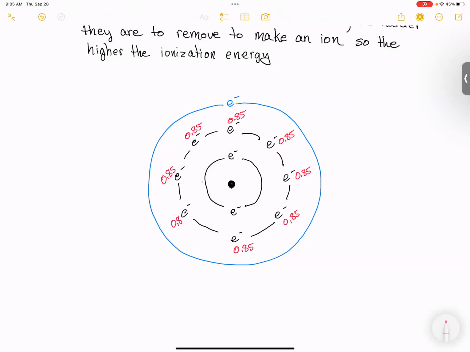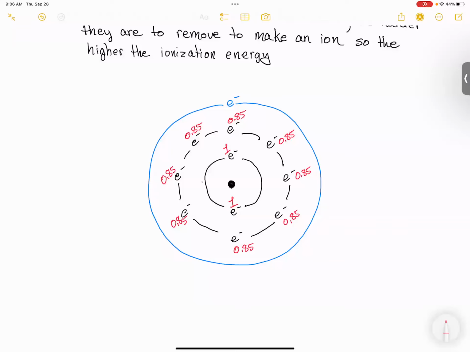And then these cause a 1. So I added all those numbers up essentially, because in that table I gave you, that's describing what each and every electron causes on that electron you're evaluating.